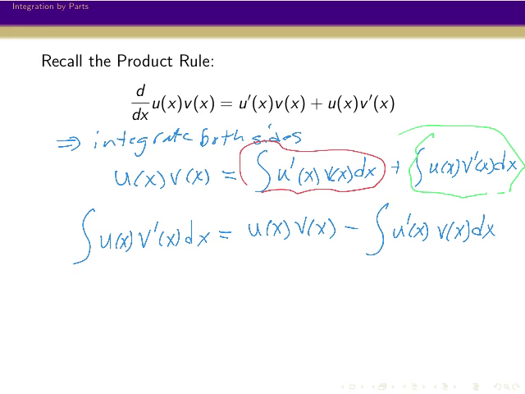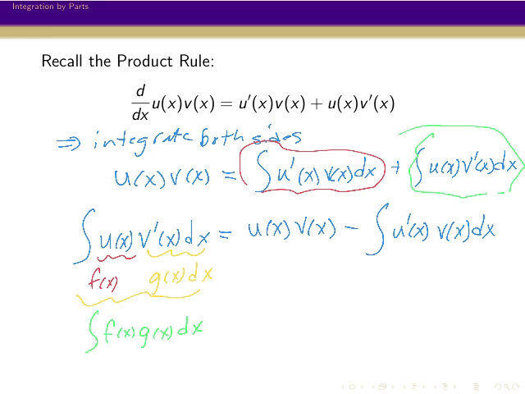And so now you can see on the left-hand side, we're starting off with integrating a product of two functions, and now we have a way to think about what it would be on the right-hand side. On the left, we can think of u of x as our f of x, and v prime of x dx as the g of x dx. So this whole integral is the integral of f of x g of x.